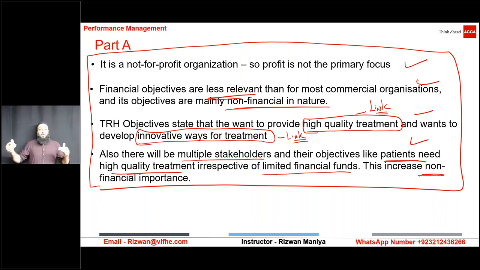So this is what you have to write in multiple paragraphs, as we just saw in tip of the day, that you can use multiple different paragraphs for explaining different points. And these are the points that are linked with the scenario and giving you a clear idea that yes, non-financials are important for a business like TRH. Okay, understood, my friends?